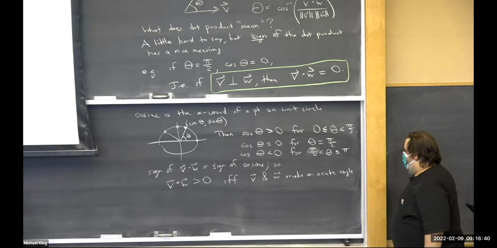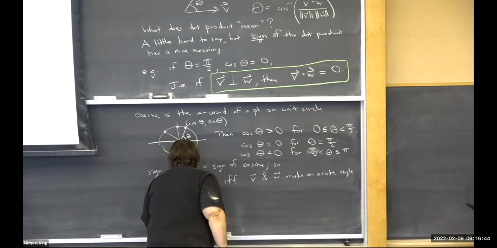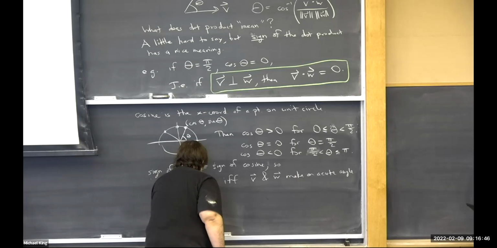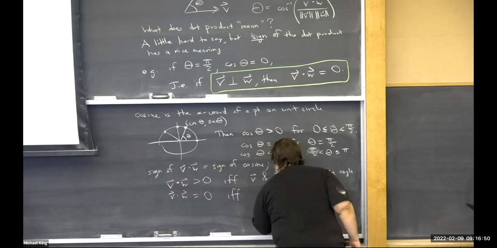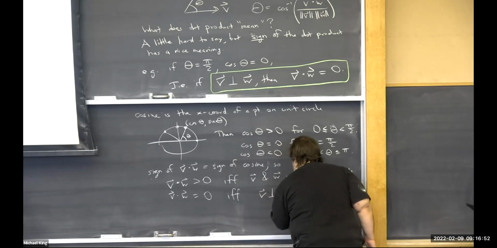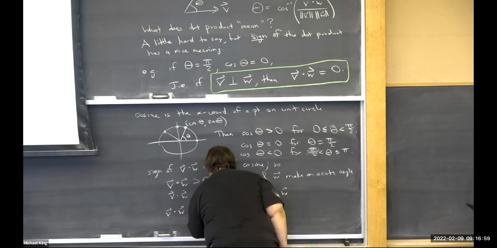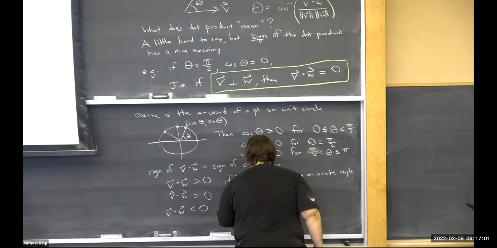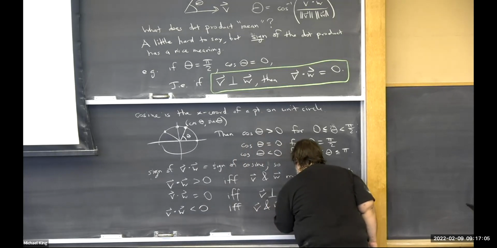Whereas, I can just say the same thing here, I'm just repeating this to get all the cases: v dot w is 0 if and only if v is perpendicular to w, and it's negative if and only if v and w make an obtuse angle.